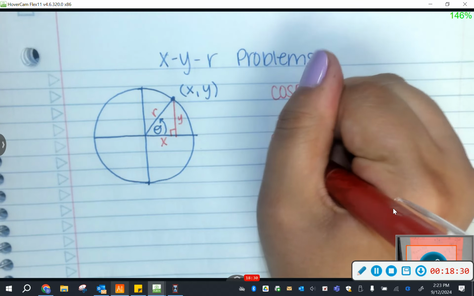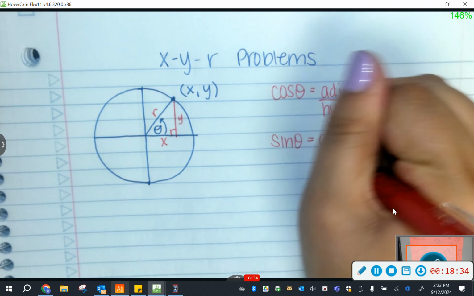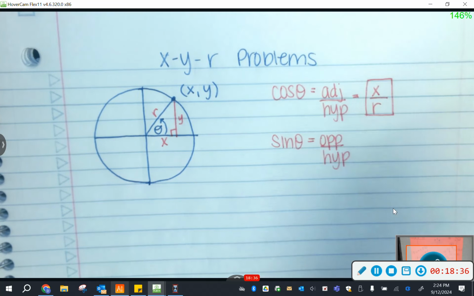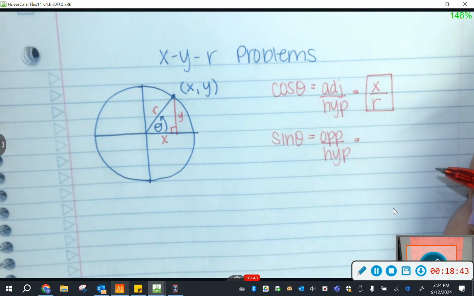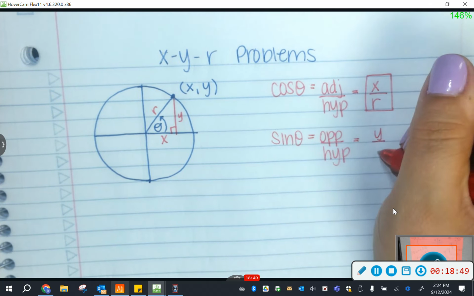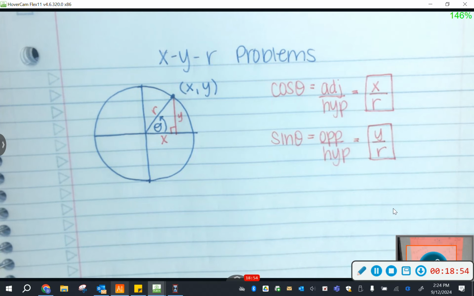What about the sine of theta? Y'all agreed sine is opposite over hypotenuse? So what would sine be? Y over R. Now, yesterday, cosine was just X and sine was just Y. How come today it's a fraction?